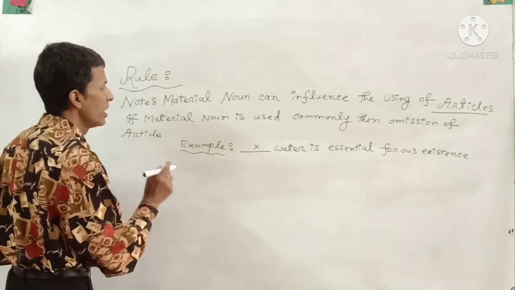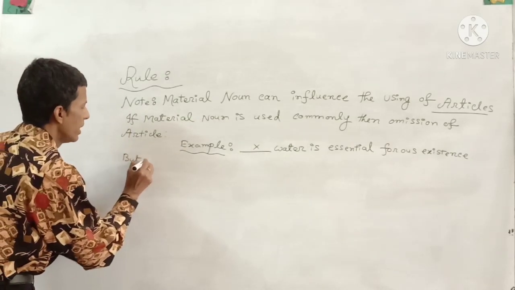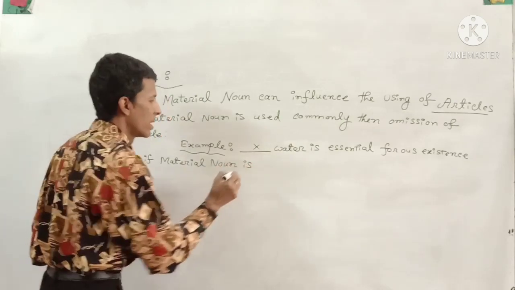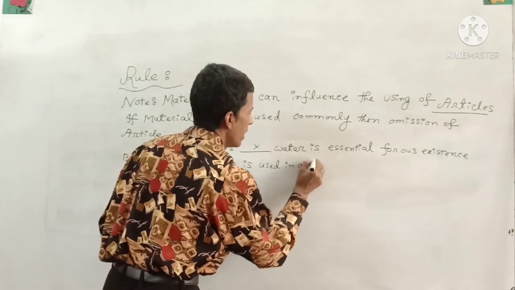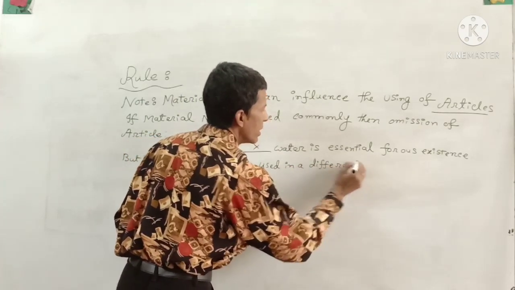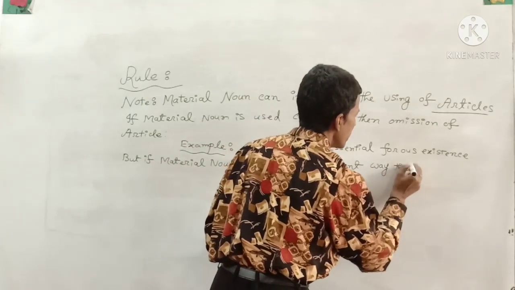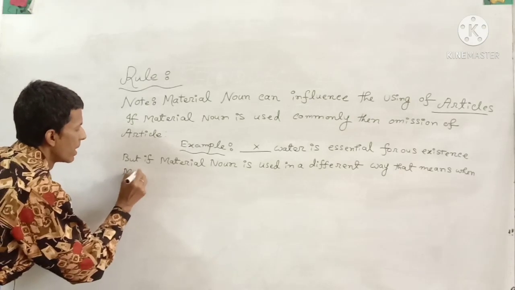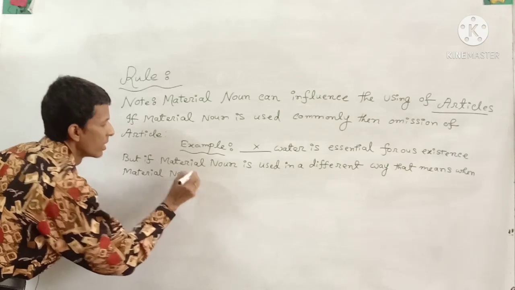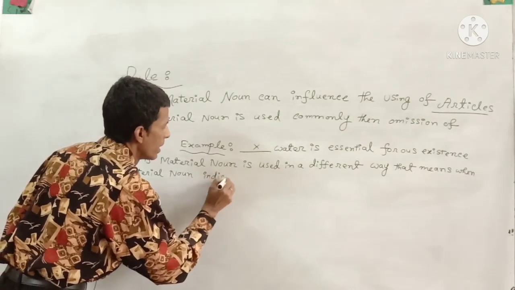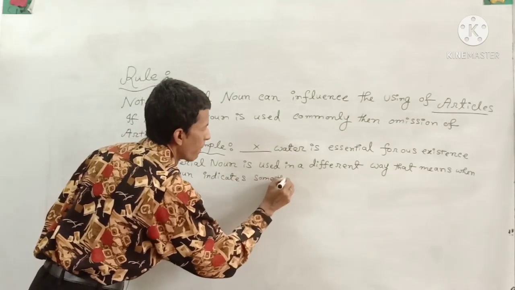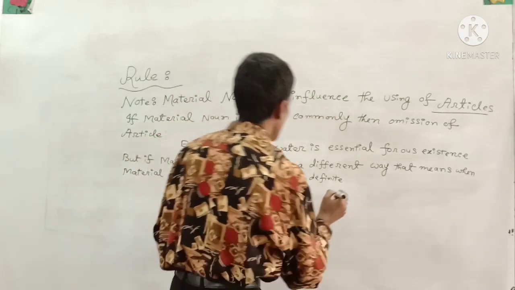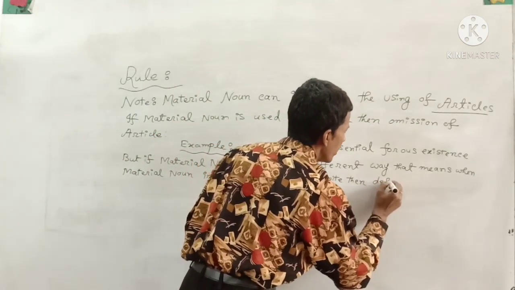But if material noun is used differently, in a different way, that means when material noun indicates something definite, then definite article is also used here.